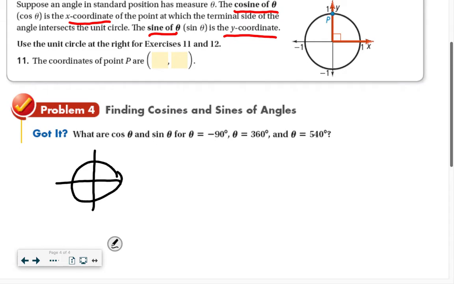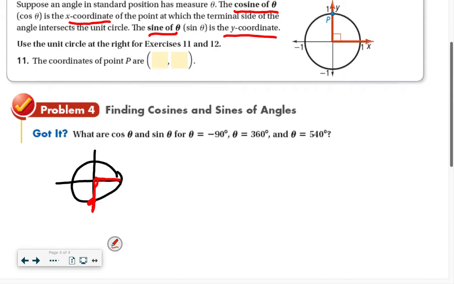That was real rough. Okay. My negative 90 is this right here, right? This angle? Okay, so that's my negative 90. To figure out cosine and sine, we use our x and y coordinates, right? So what is this point right here, if I'm on my unit circle?